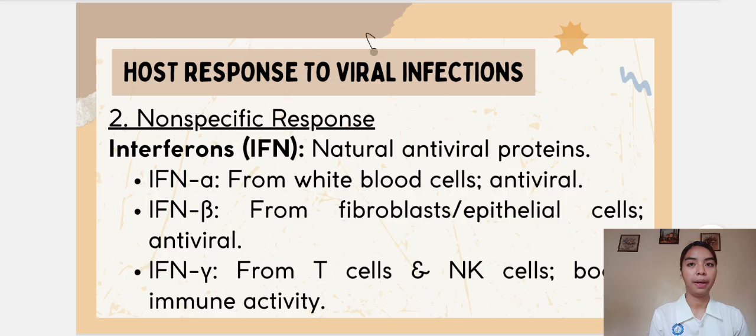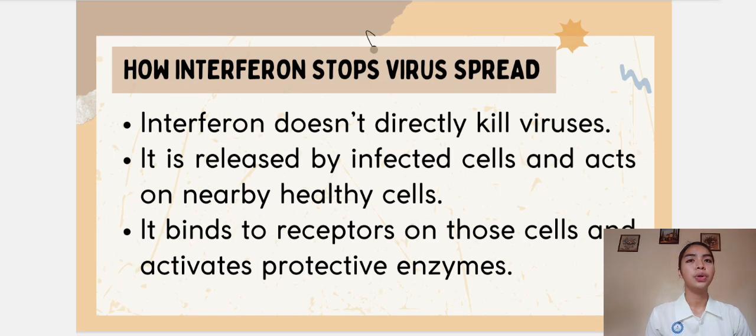We have alpha interferon, beta interferon, and gamma interferon. So interferons don't directly kill the virus. They are released by the infected cell and act on the nearby healthy cell. They bind to receptors on those cells and activate protective enzymes.